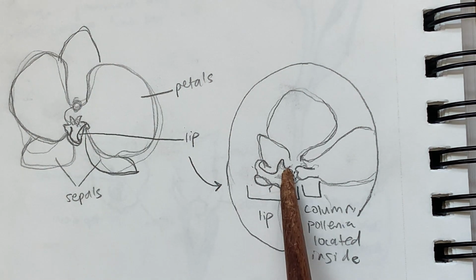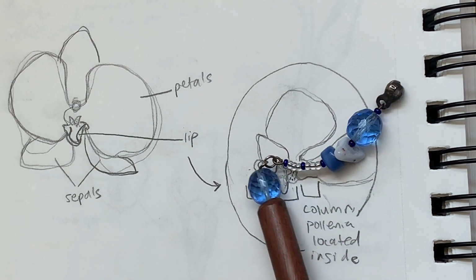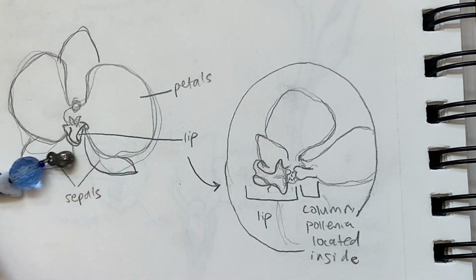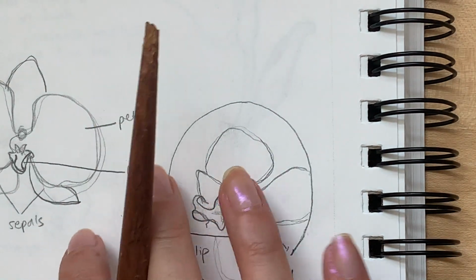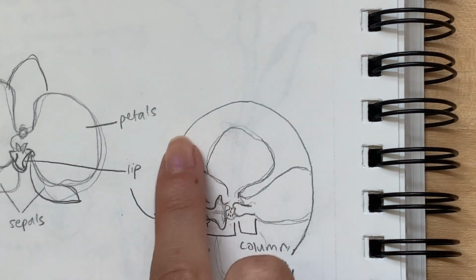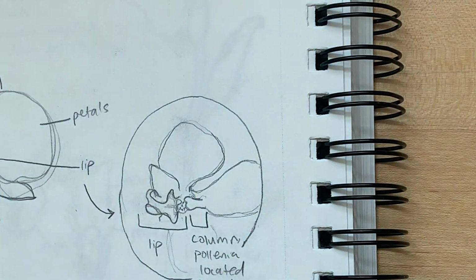And once they attempt to mate, the top of this lip here will attach pollen to the back of the wasp, and then the wasp will leave thinking it has successfully mated and bring that pollen elsewhere to give the flower a second shot at life and to continue its genes. Very good.